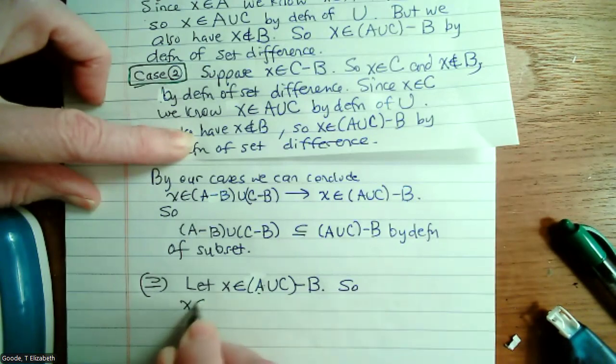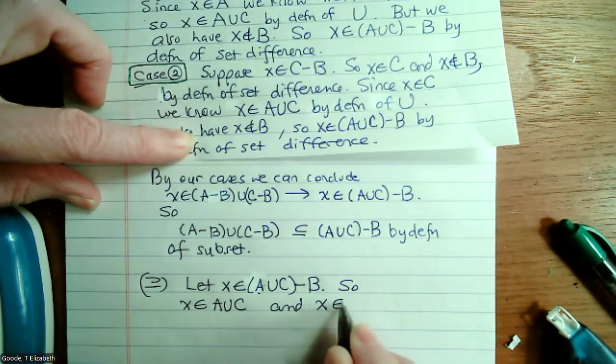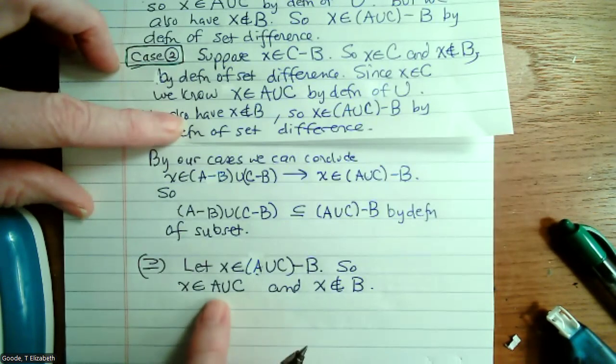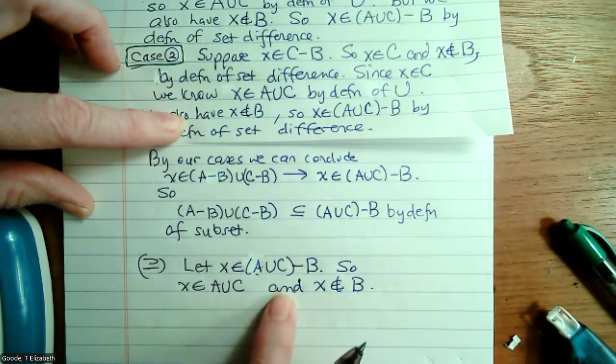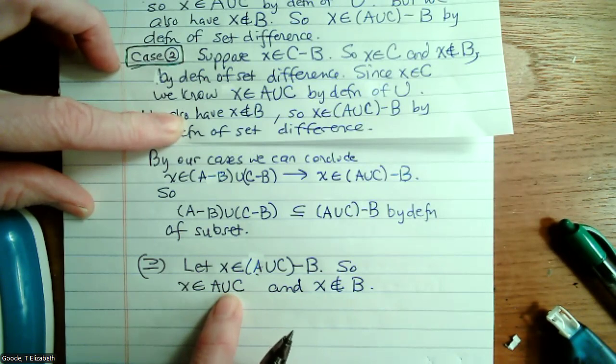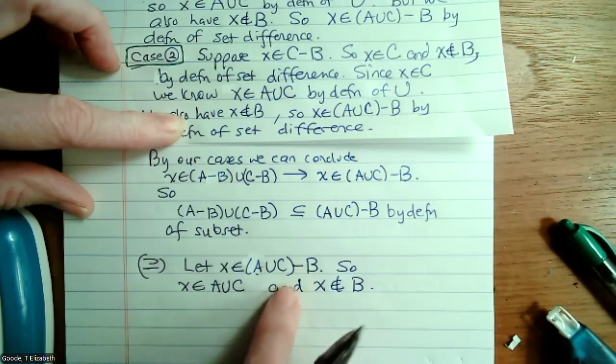And then, do we have two cases? Case one would be X is an element in A union C. But does case two get X is not an element in B? Nope, because and is not cases. We have to break this down a little further to get our cases, because union is what always leads to cases. This is an and from set difference, which doesn't lead to cases.